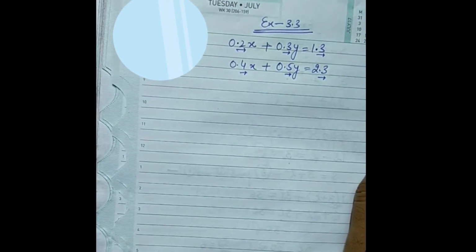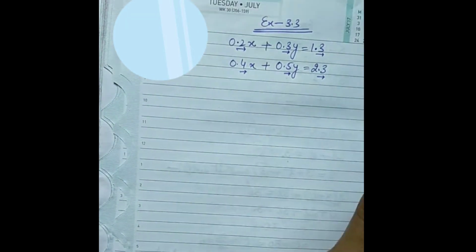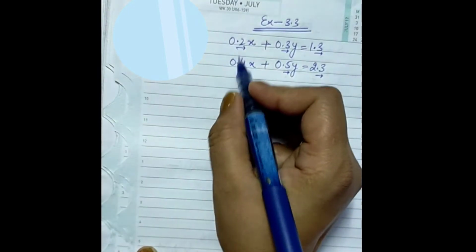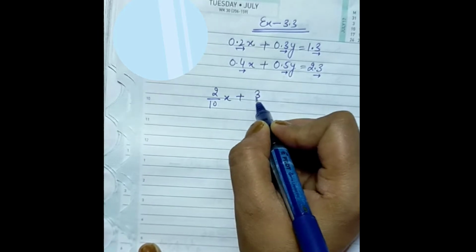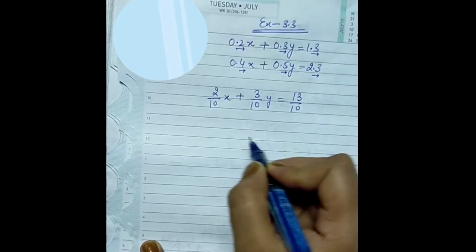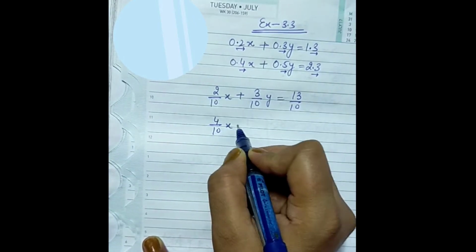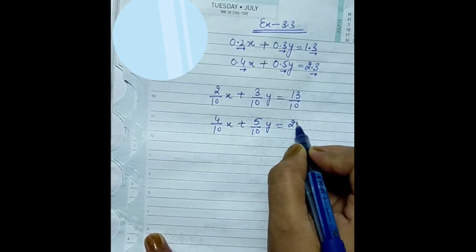So to make it simpler, we will remove all the points so that it can be solved easily. So may I write 0.2 as 2 by 10x, 3 by 10 y, 13 by 10. And the same with this: 4 by 10, 5 by 10 y, 23 by 10.